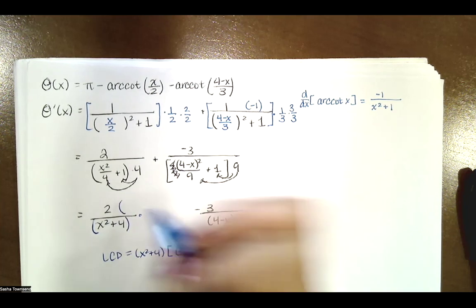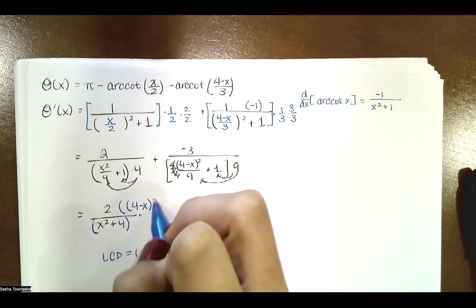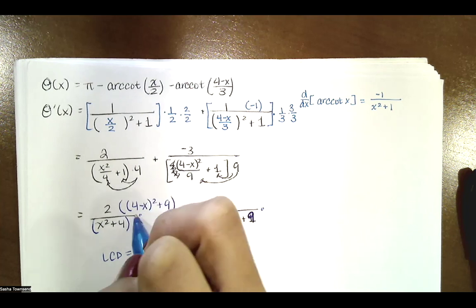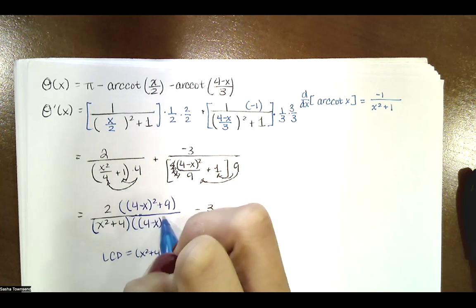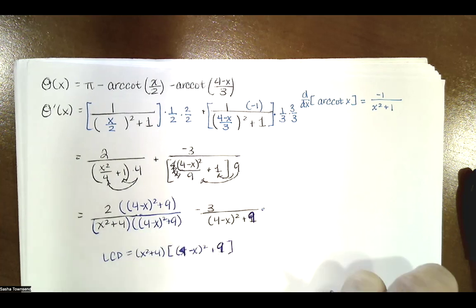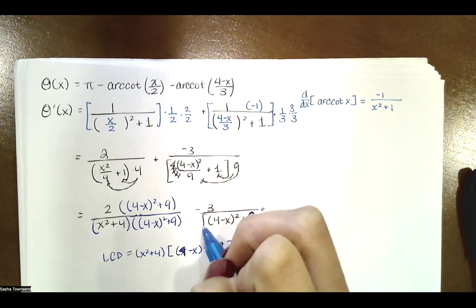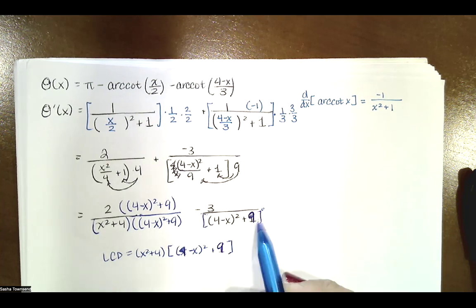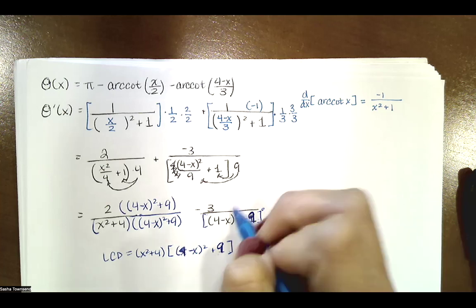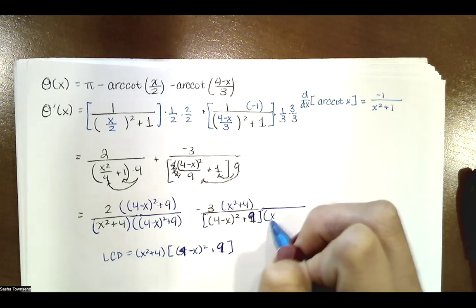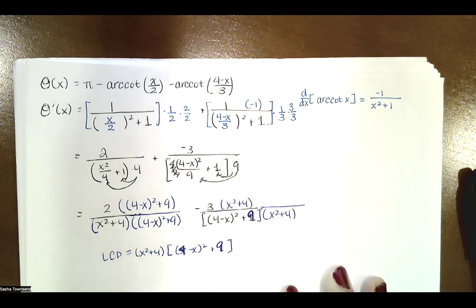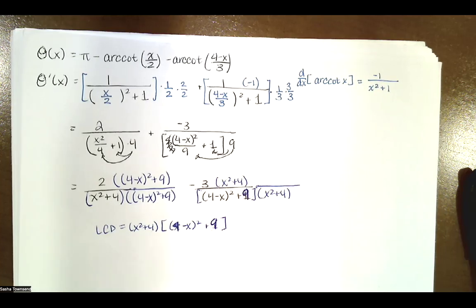So we're going to multiply the numerator and denominator by that 4 minus x quantity squared plus 9. Again, doing that to the numerator and denominator does not change the value of the fraction, just writes it in a different form. And here, we've already got this factor, we're missing the x squared plus 4 factor. So we multiply the numerator and denominator by x squared plus 4.